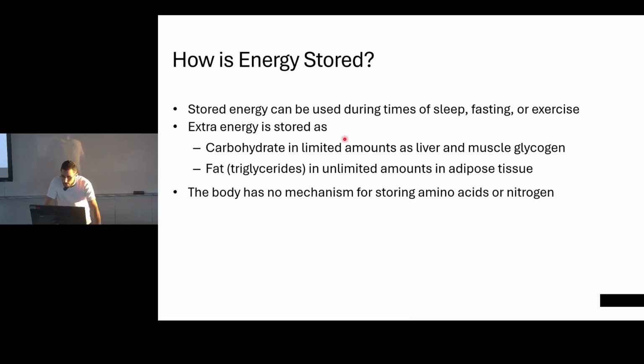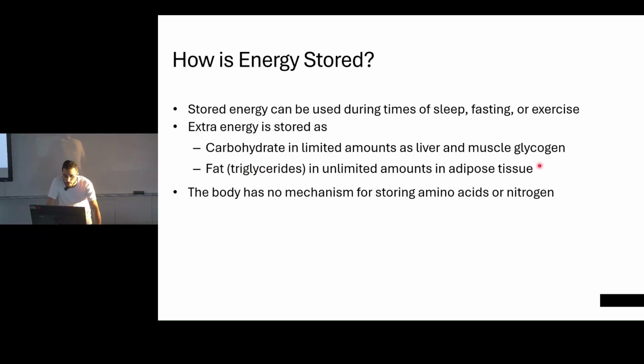Right. So this slide, what you need to take out of it is that the only thing that has no storage mechanism is amino acids or nitrogen. So for fatty acids, for example, you can store them as fat in triacylglycerides in your adipose tissue.